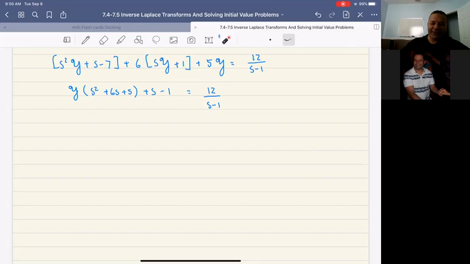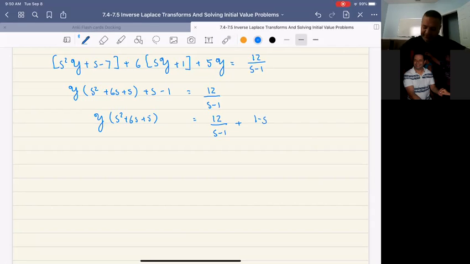Okay, so y equals, well, let's actually first put everything on the other side. So it's y times s squared plus 6s plus 5 equals 12 over s minus 1 plus 1 minus s.